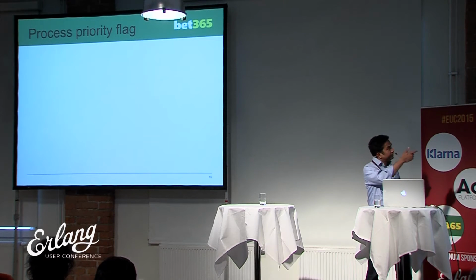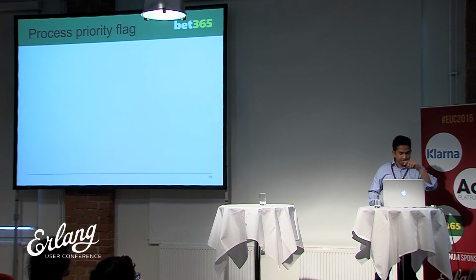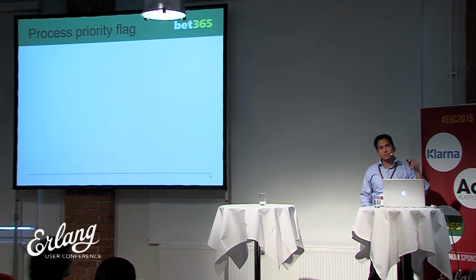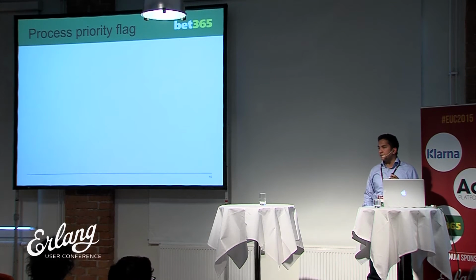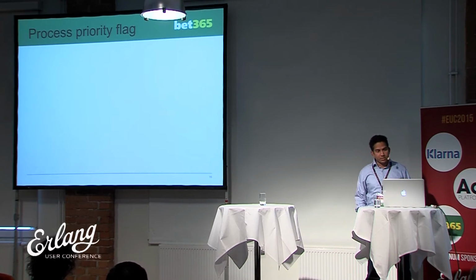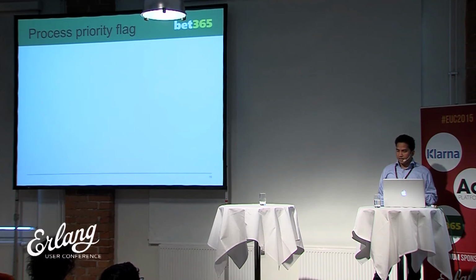If you remember the process structure, there's one process dedicated to reading messages off the socket, and another process dedicated to decoding the messages it's receiving. I hadn't used the process priority flag for a long time, and I thought, I know what I'll do.